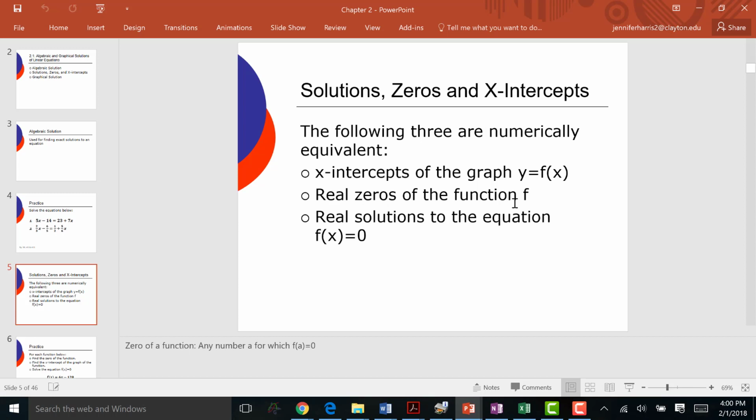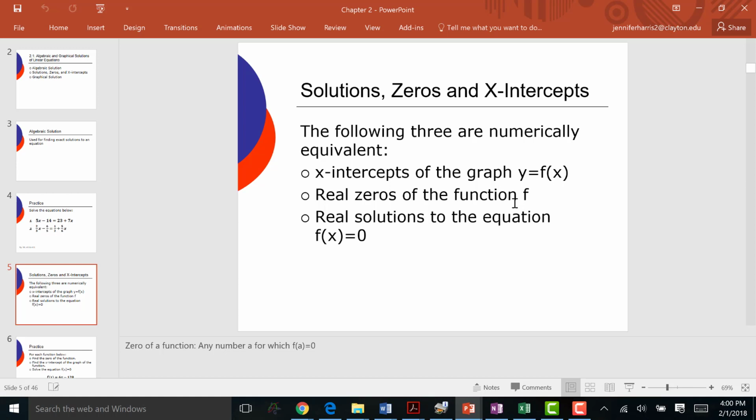Solutions, zeros, and X-intercepts. The X-intercepts are what again? Because we've talked about X-intercepts before. What are the X-intercepts? Where the graph crosses the Y or X? X. If it's an X-intercept, it's got to cross the X-axis. If it's a Y-intercept, it's got to cross the Y. So for X-intercepts, it's the point where it crosses the X-axis.